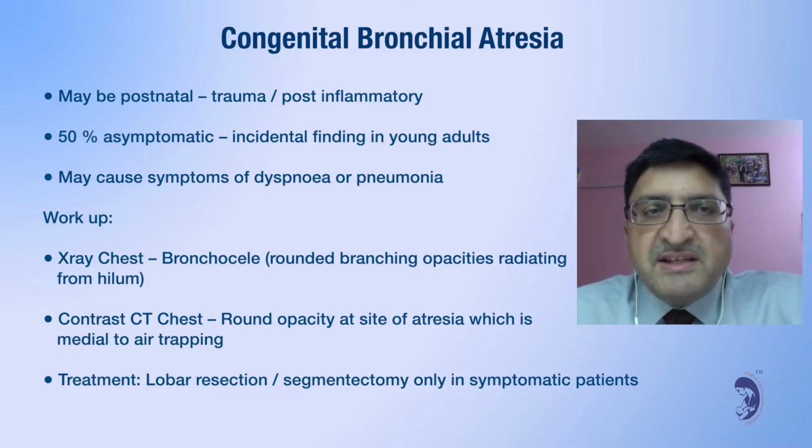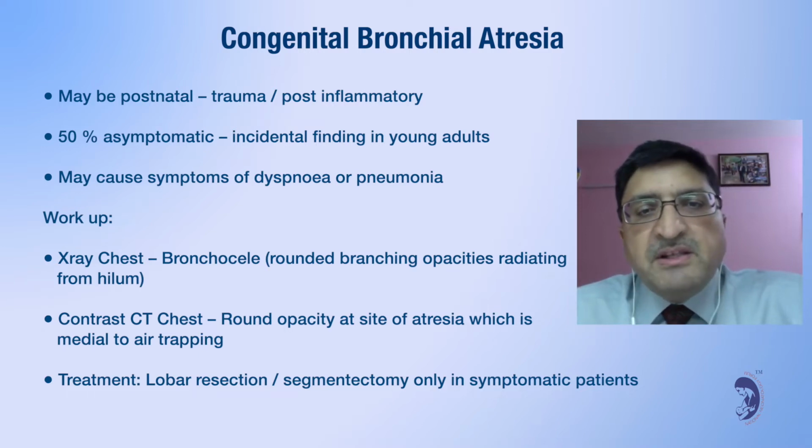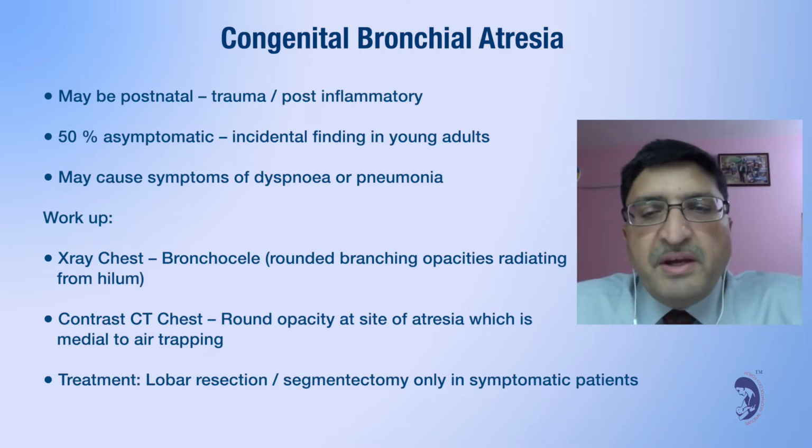However, the X-rays are sometimes not very suggestive, and hence a contrast CT scan is used to arrive at a confirmatory diagnosis. The CT scan shows a round opacity at the site of the atresia, which is medial to where the air trapping occurs.